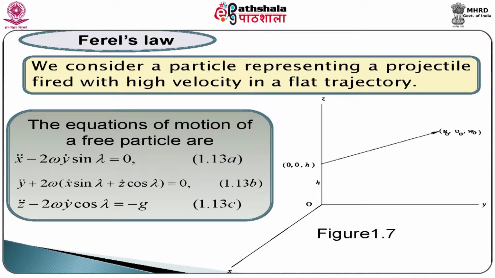If the particle is projected from the height h, then the initial conditions are x equal to 0, y equal to 0, z equal to 0 at the origin. The initial velocities are given by x dot equal to u0, y dot equal to v0, z dot equal to w0 at the time of projection.